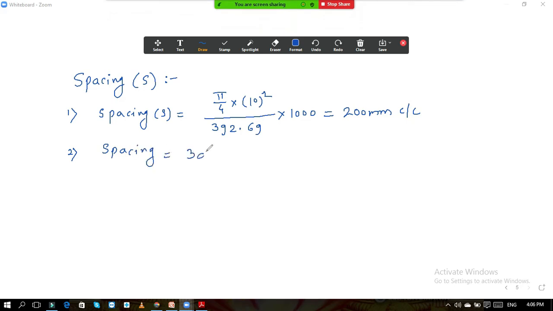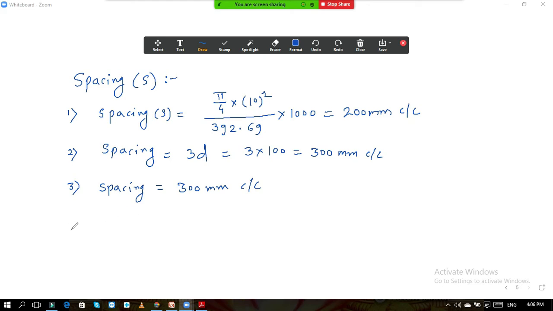Second, this is main steel, as we have already seen in this class, spacing is equal to 3d, 3 into d, d is 100 mm, so it is 300 mm center to center. And the third case, spacing is 300 mm center to center in no case.